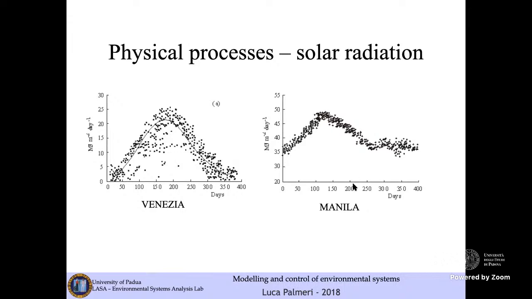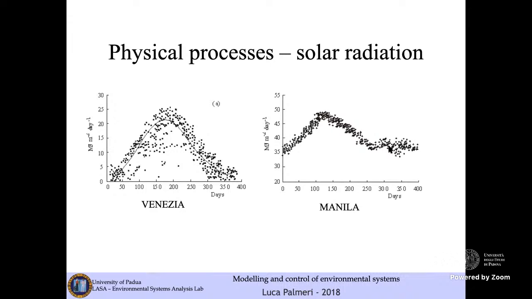season. Of course, during the rainy season in Manila, you have a strong covering of clouds, so that you have an almost fixed incident solar radiation in this period, in which the clouds absorb most of the energy coming from the sun.